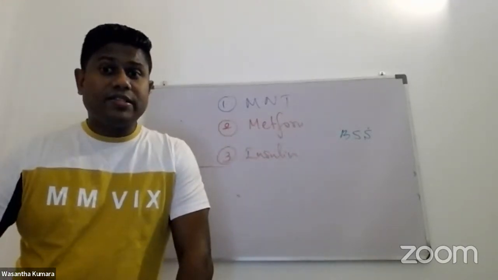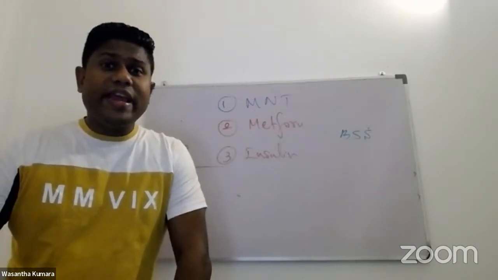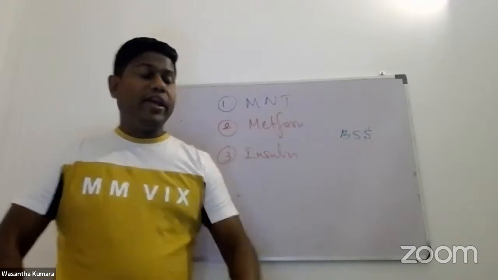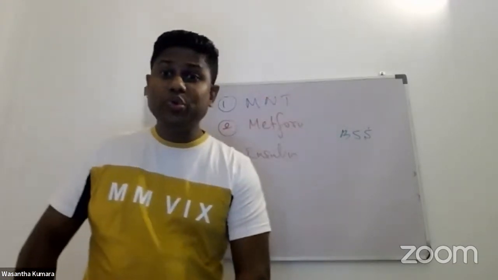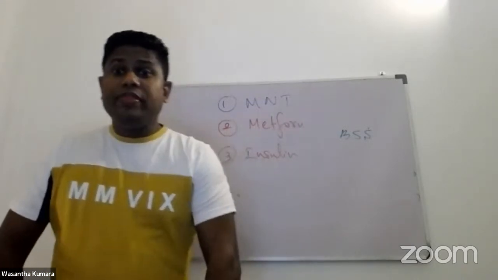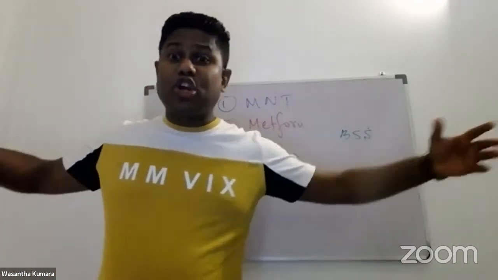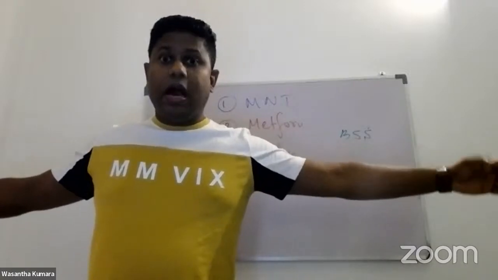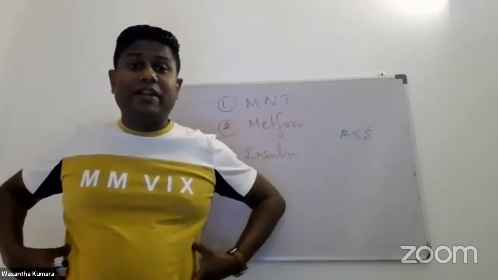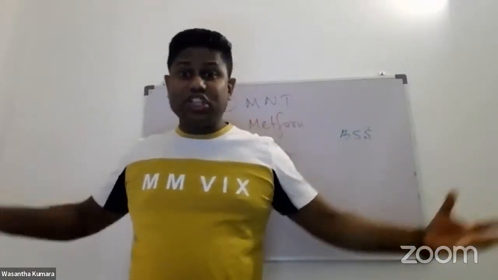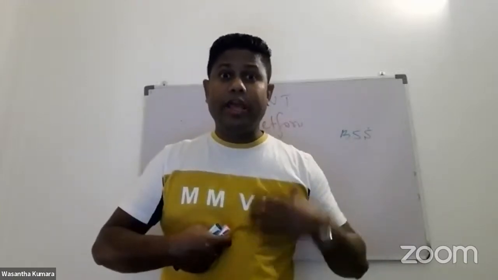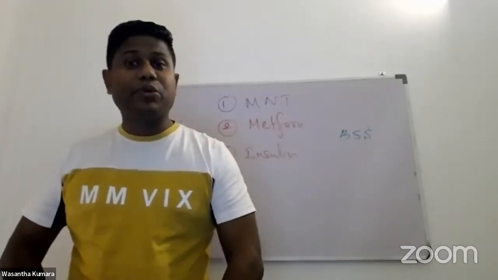But with the patients we discussed, there are 2 indications to go for insulin straight away rather than putting her on diet or metformin. What are those 2 indications? If the baby is macrosomic, either estimated fetal weight more than the 90th centile or abdominal circumference more than the 90th centile, a large baby, that means the control is not good.